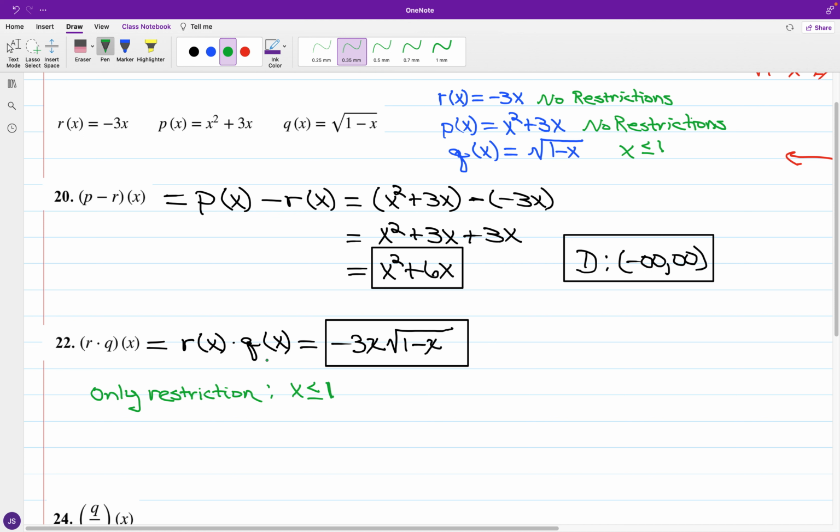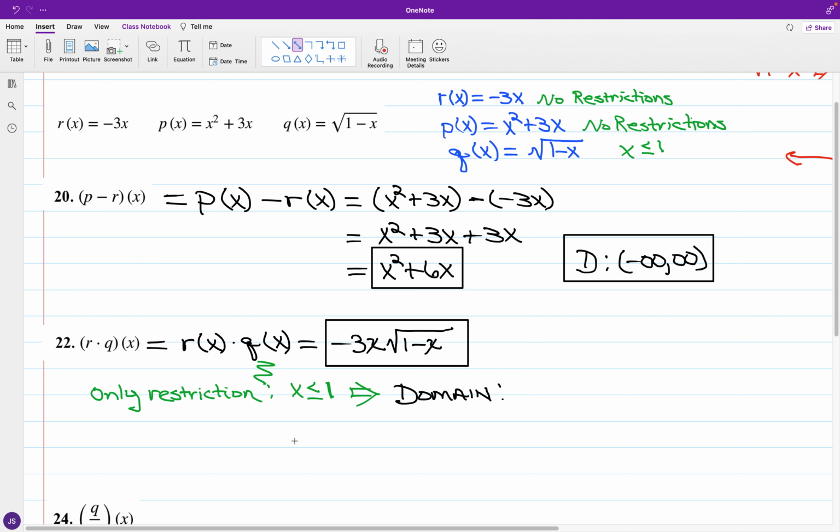Again, that is because of this particular part. And so with the only restriction that x is less than or equal to 1, okay, so we have in the case of the domain, again, you can construct a visual.